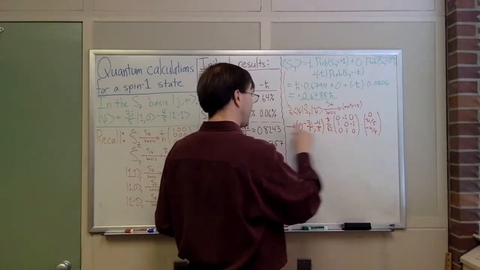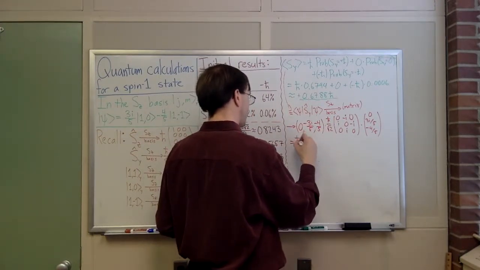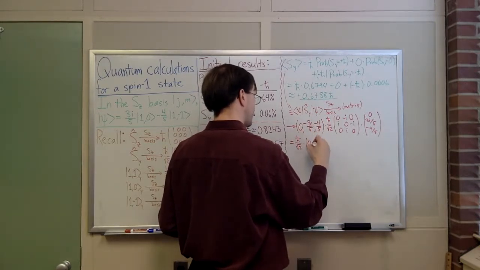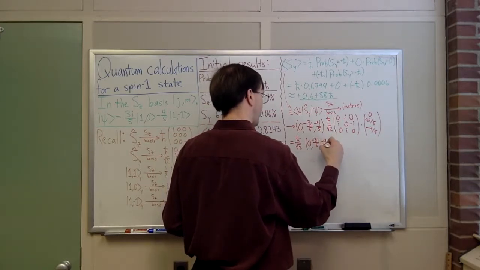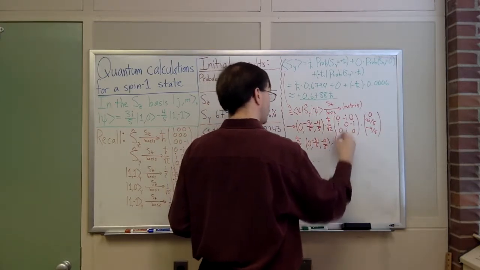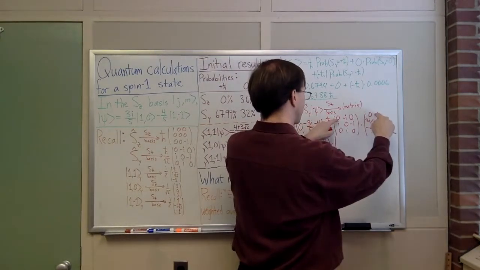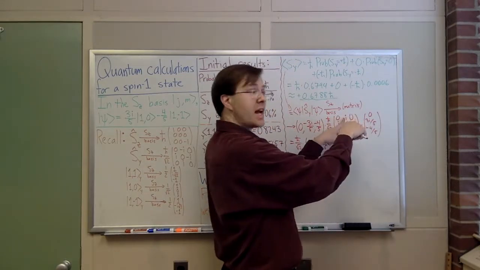So I'll factor out my h bar over square root of 2, just so I have that pulled out. Not doing this matrix first, let's multiply out the matrix with my column vector. First row is 0 times 0 plus minus i times 3i over 5, minus i times plus i gives me 1.